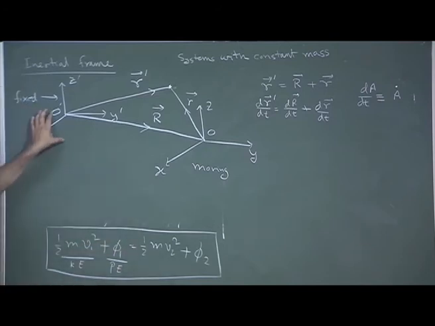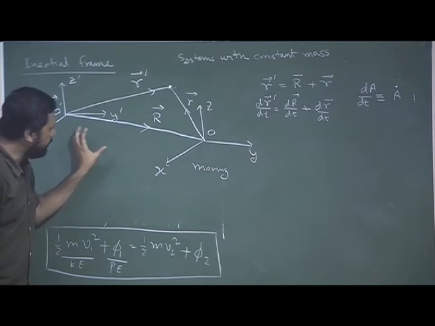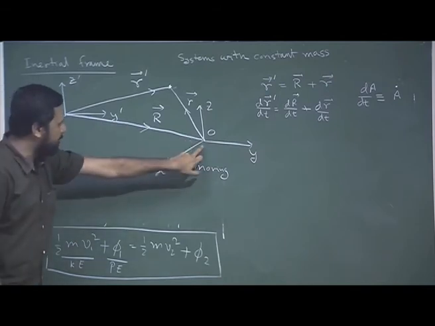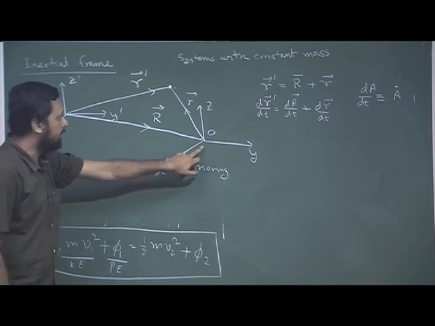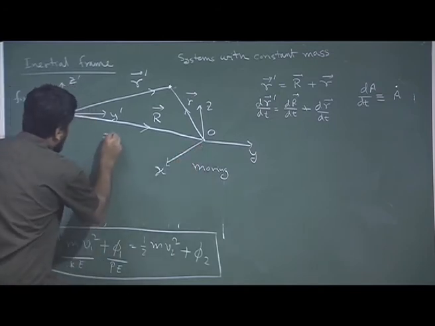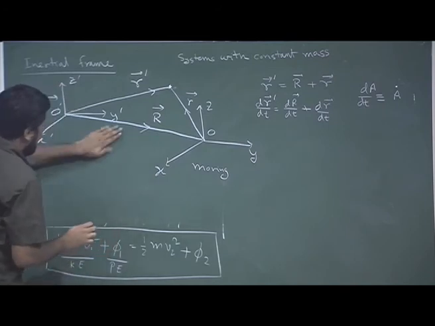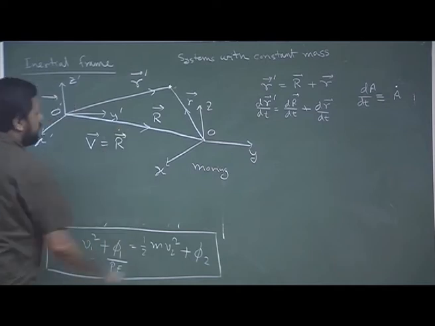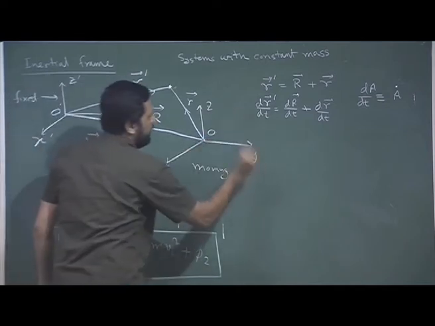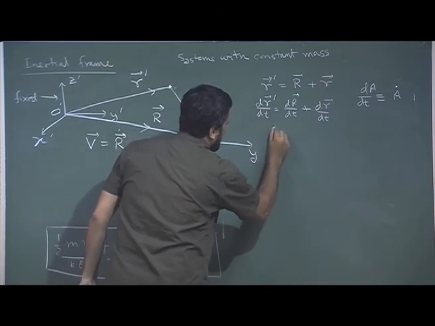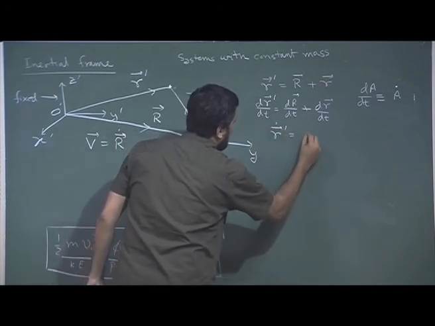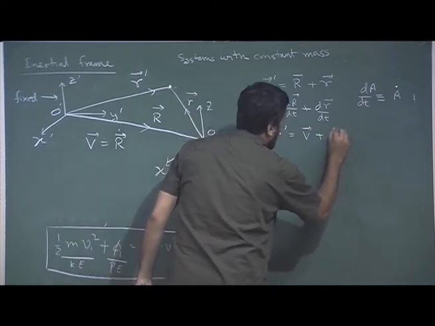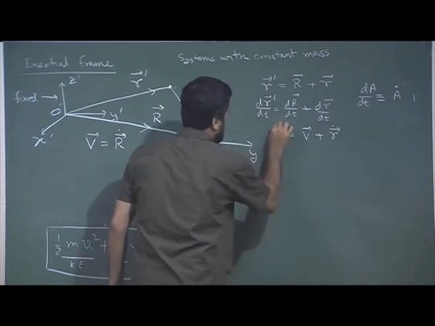So, this is a frame which is fixed in space and this is a frame which is moving with respect to this frame. So, the velocity of the movement of this frame, I will just write it as capital V is equal to R dot, right. Going back to this equation, we can write r prime dot equal to V plus r dot.